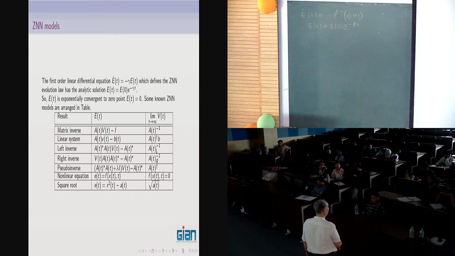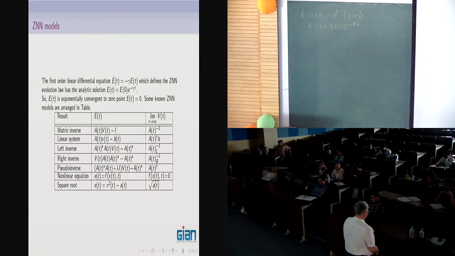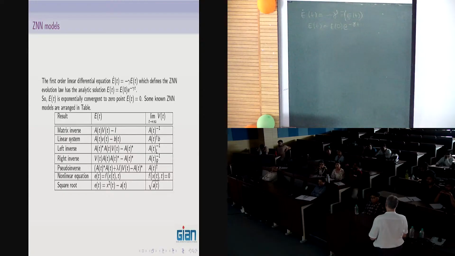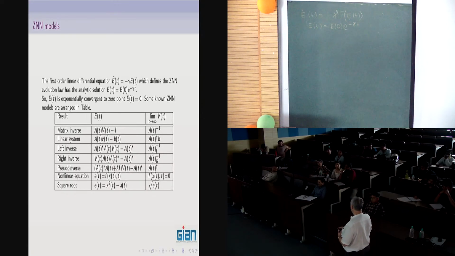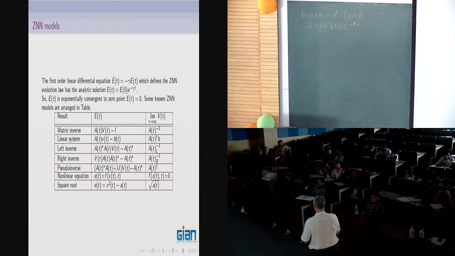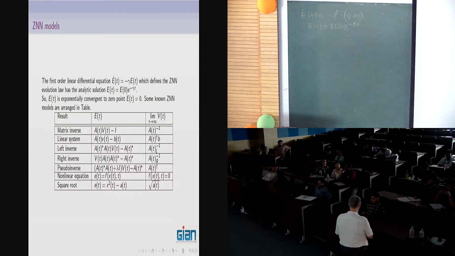In the gradient neural network, we had constant matrices as input. Here we assume that the input is in time-varying form. It means that this input can change during time.